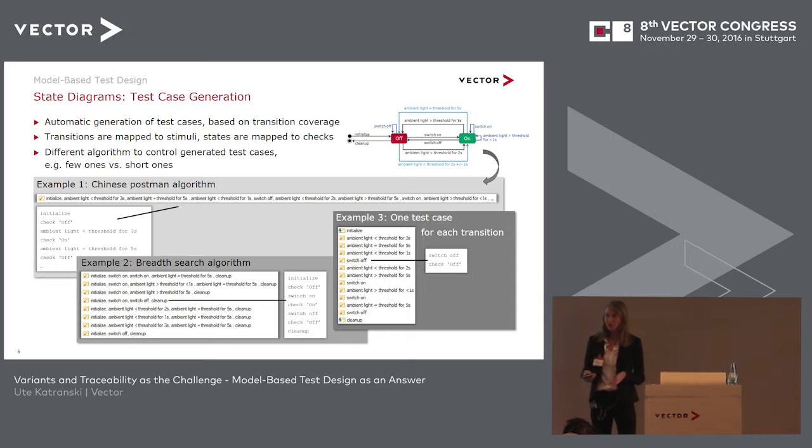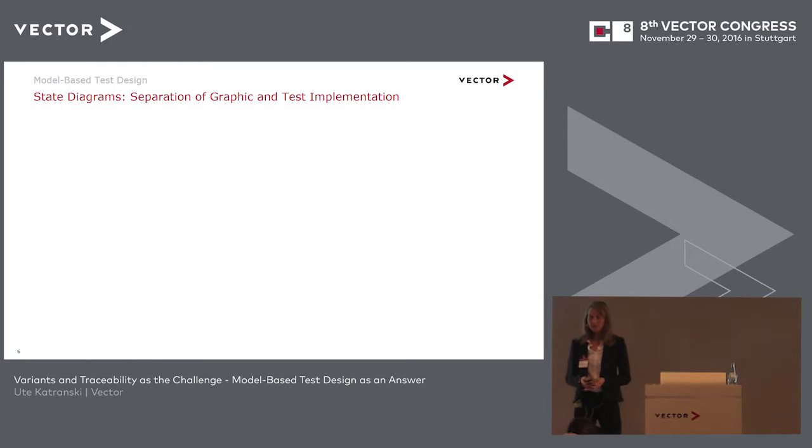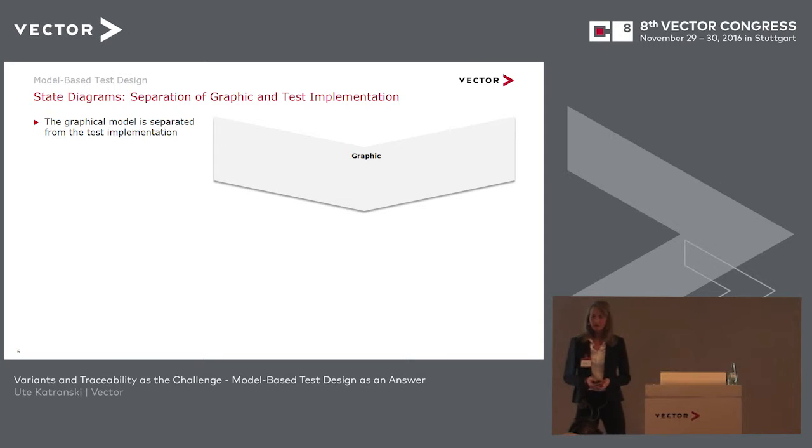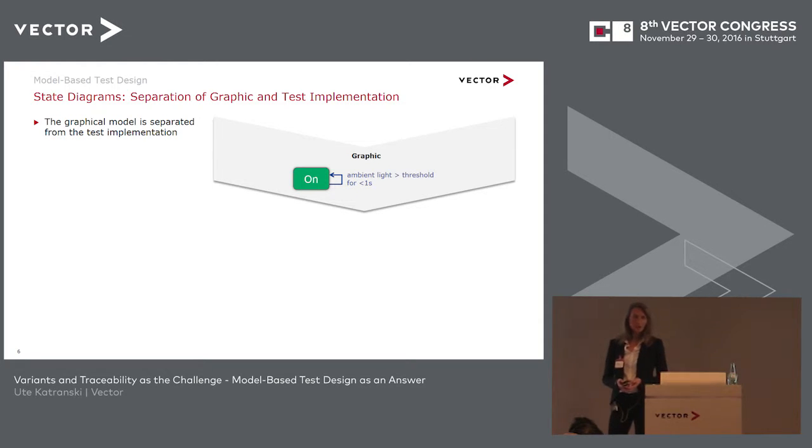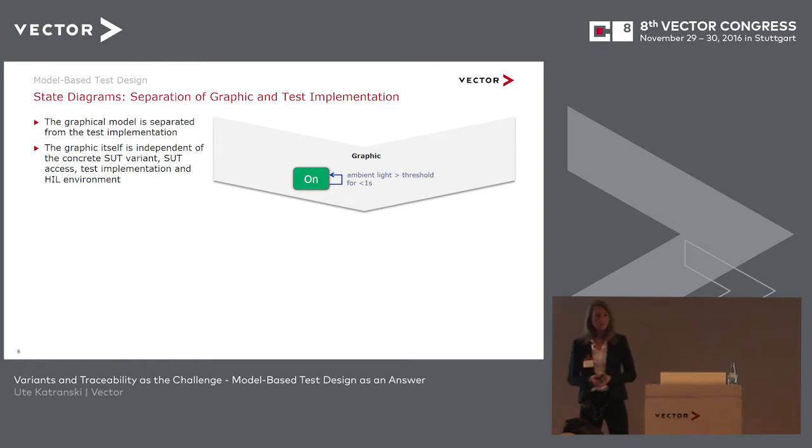So far we've been on the semantic level, switch off, check off. Now the realization and how I stimulate my system, this is something that we haven't covered yet. So let's do that now. We separate the graphic from the actual test implementation. So far, we haven't even discussed what the HIL access looks like, but you've already understood what we're talking about.